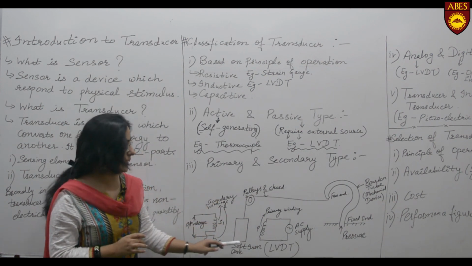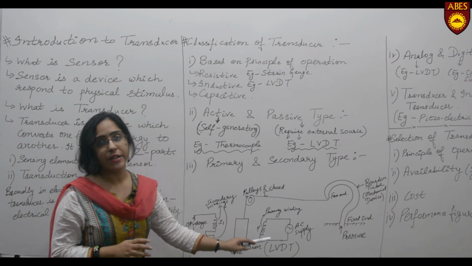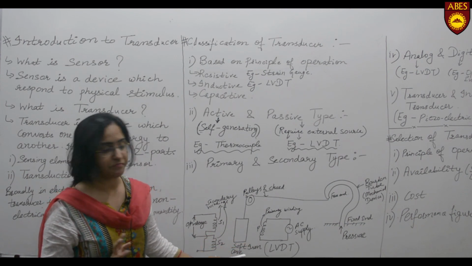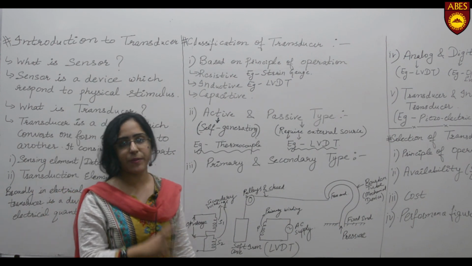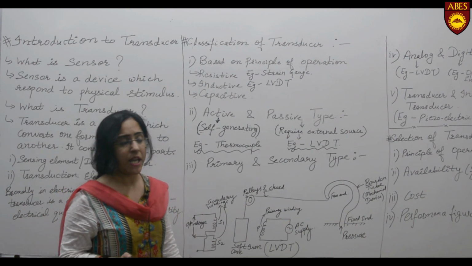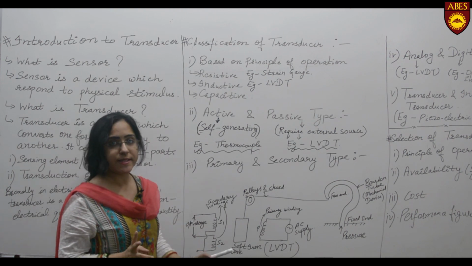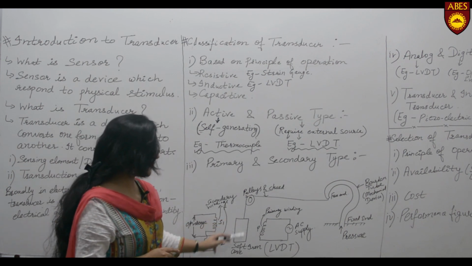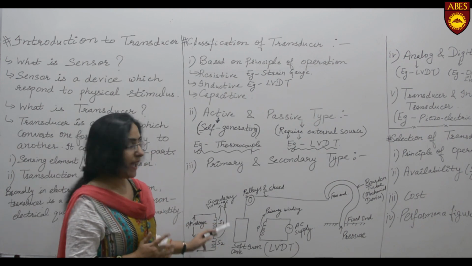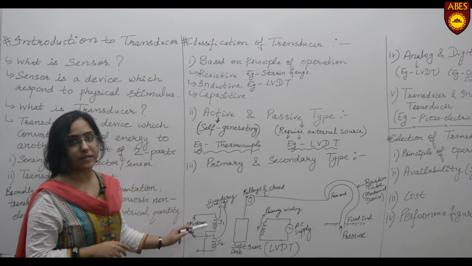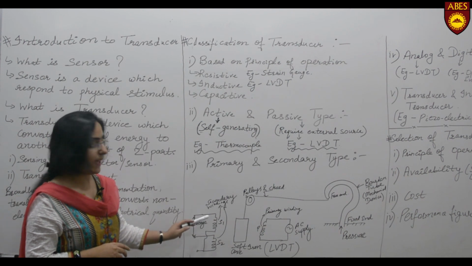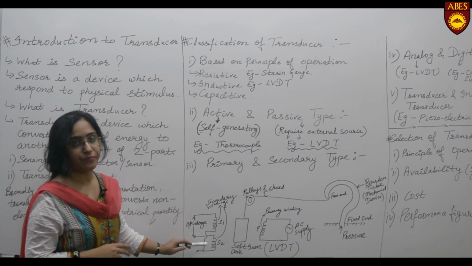LVDT full form is linear variable differential transformer or transducer. Its working principle is the same as the transformer, but there are two differences here. One is that the soft iron core is movable, and secondly the secondary winding has been split into two parts of equal number of turns, S1 and S2.